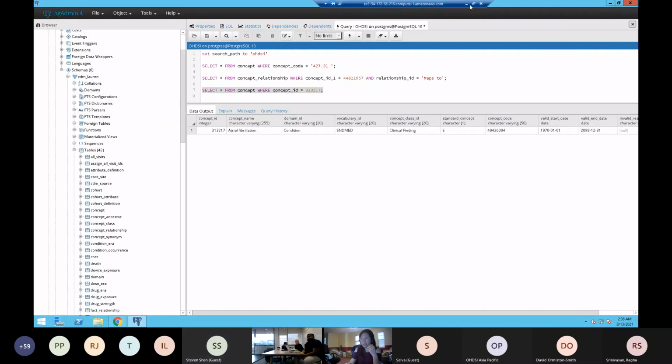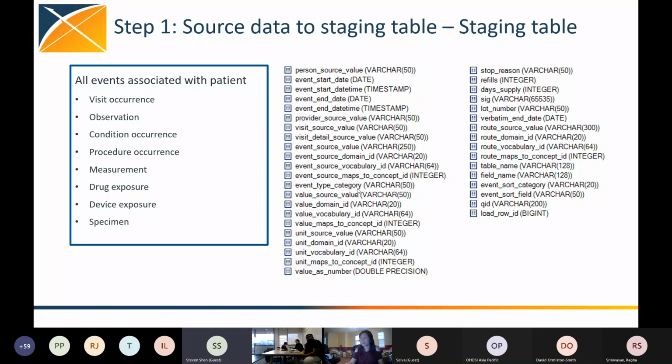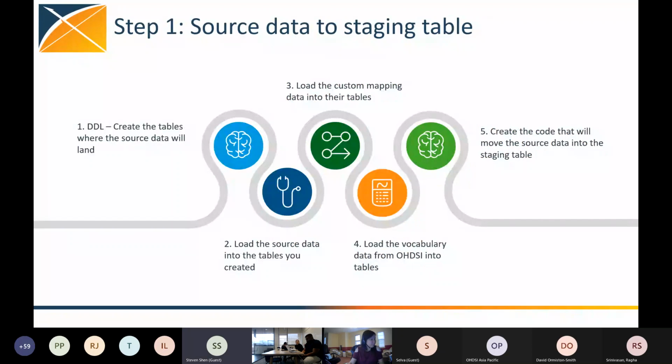Does that answer all your questions? Yes, I'm clearer about the process to convert it. I have another question. I have downloaded the vocabulary from Athena, and one of the coding systems is called CPT. The OMOP standardized procedure codes are mostly based on CPT.